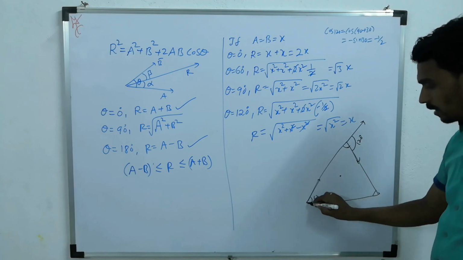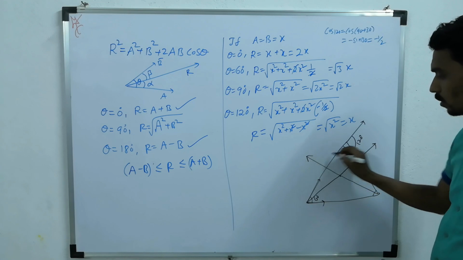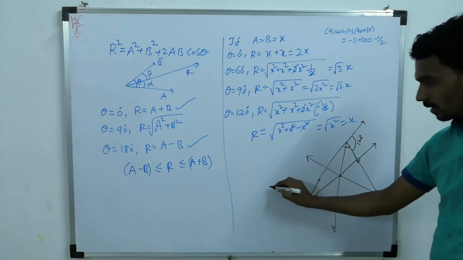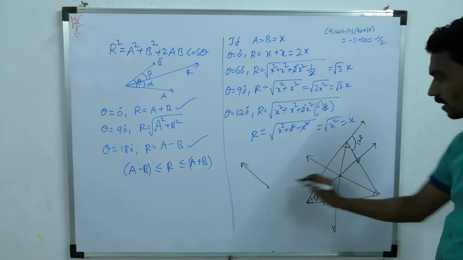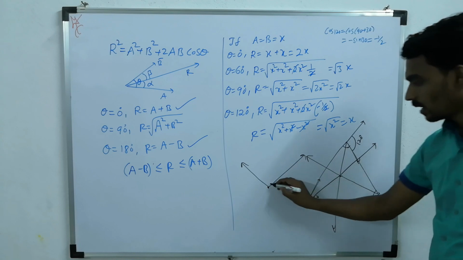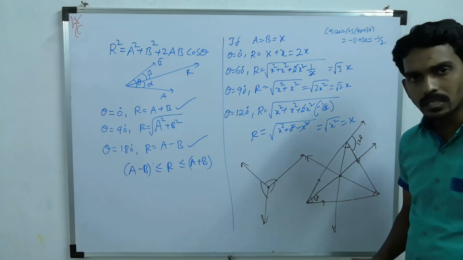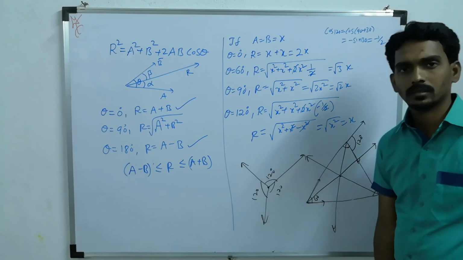At the centroid, when you consider 1, 2, 3, at the centroid here, one is this way and another is this way and another is this way. So what will each angle become? 360 by 3, 120, 120, 120.